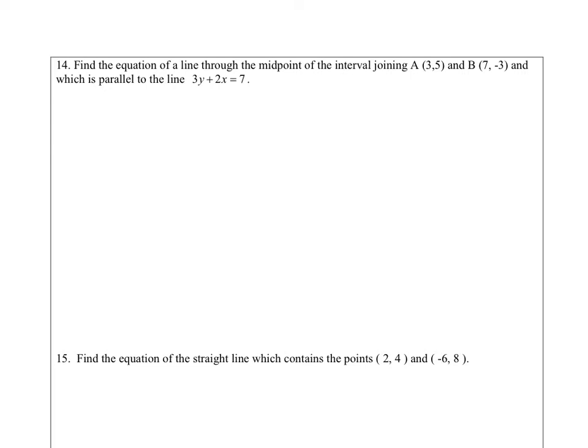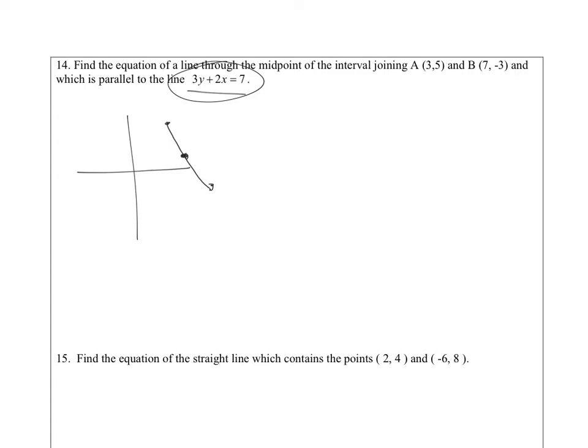Okay, find the equation of a line through the midpoint of the interval, and which is parallel. So what that's basically saying is that we have 2 points, 3, 5, and 7, negative 3, which is about there. The middle of those, we have a line that goes through that is parallel to this line. So we need to rearrange this line so it's in y equals mx plus b.